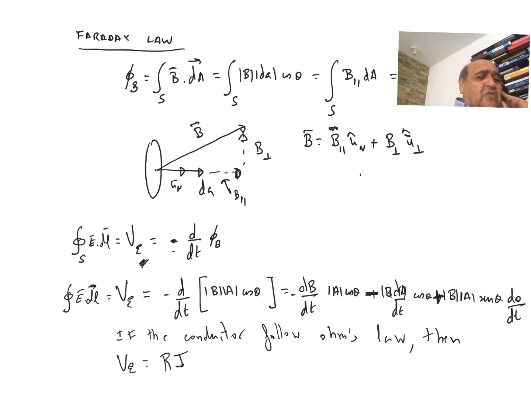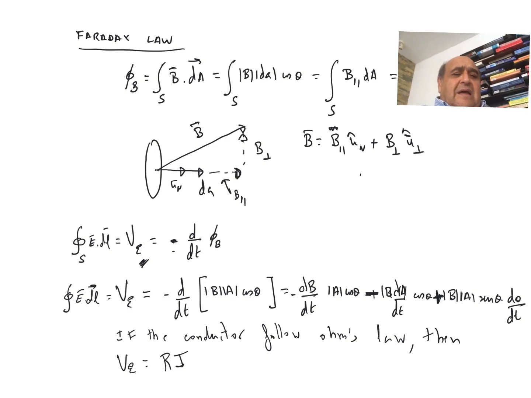So the best way to see this is to study a few examples. Let's do it. And before doing this, I want to say that the electromotive force is always the circulation of E scalar dl. This E is a non-conservative electrical field.